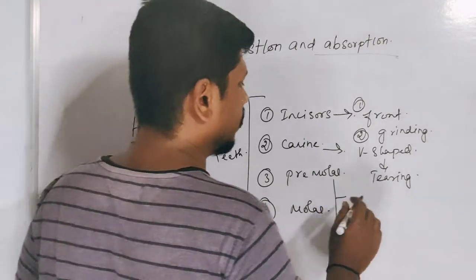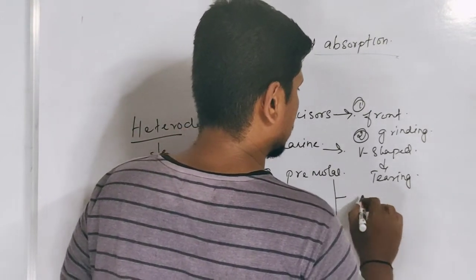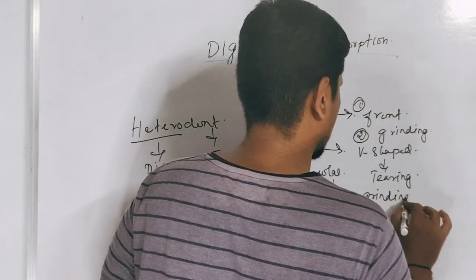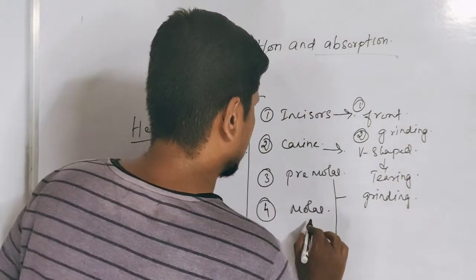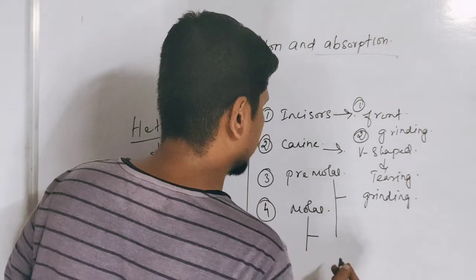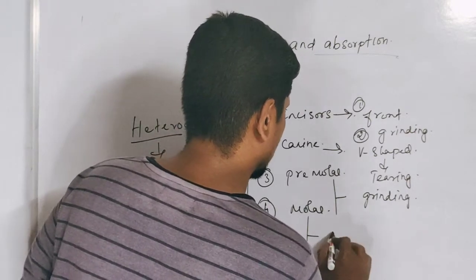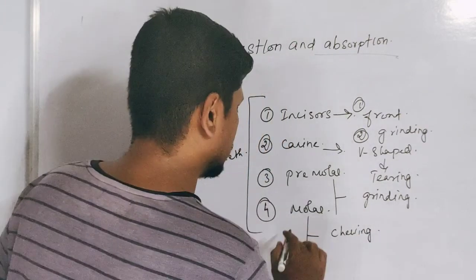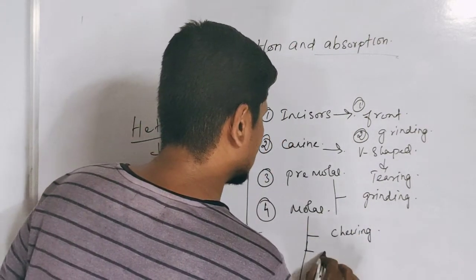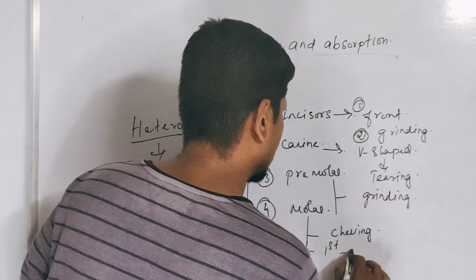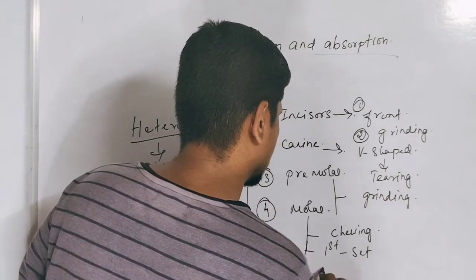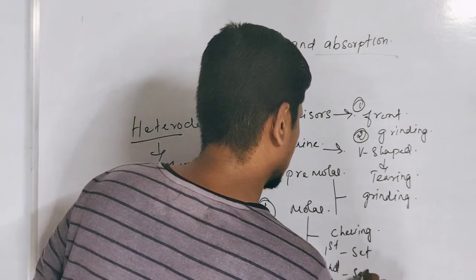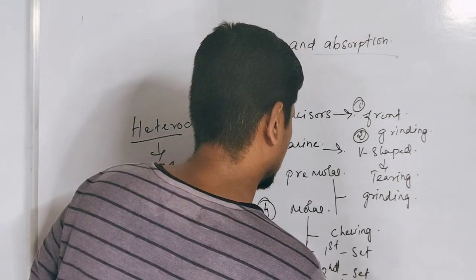Premolars are responsible for again grinding, right? These molar parts are responsible for chewing. This molar again we can classify as first set, second set, third set.